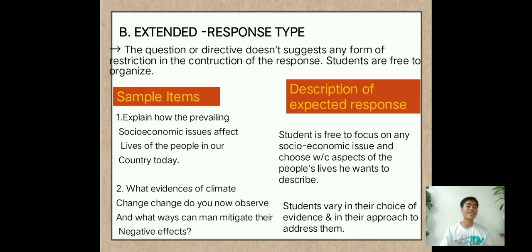So any techniques that you want to use, they are free. So the teacher should act as a facilitator. The teacher should only be facilitating the learners and assessing their output or outcome. So I think that is clear for us.